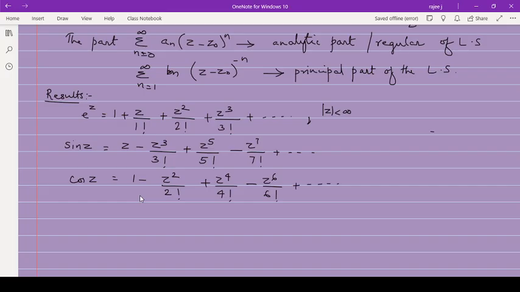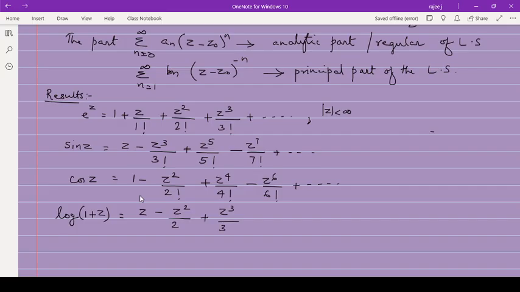Then we have sinh, the hyperbolic sine and cosine, which we may not be using too much. Now log of 1 plus x, there we were having x real. Now with a complex term, log of 1 plus z is z minus z square by 2 plus z cube by 3.